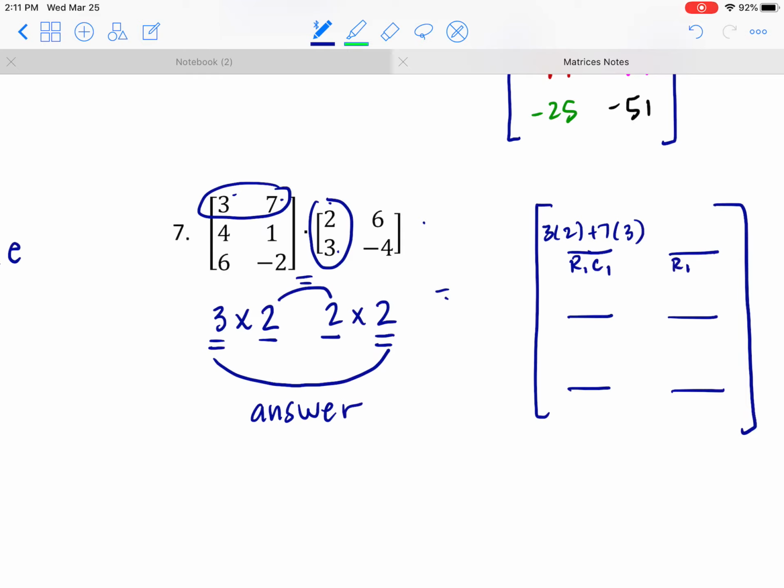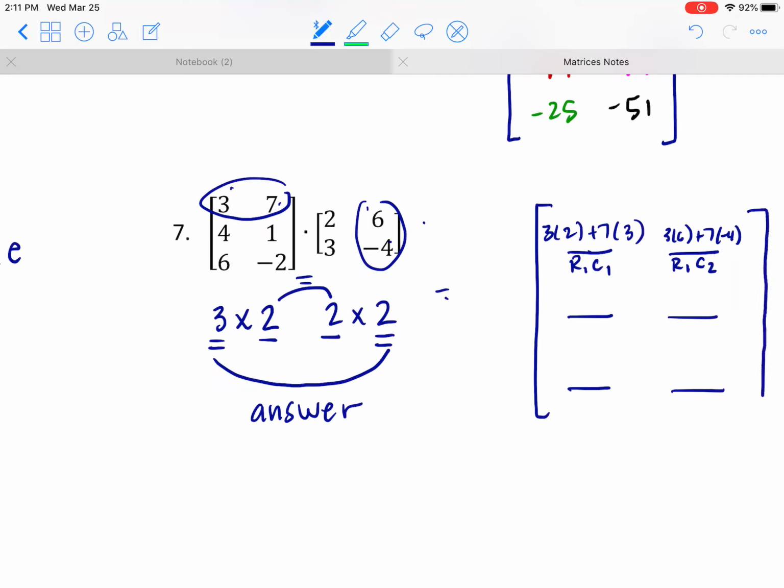This is now row 1, column 2 of the answer. So I'm going to use row 1, column 2. So I'm multiplying 3 and 6 and 7 and negative 4. So 3 times 6 plus 7 times negative 4.